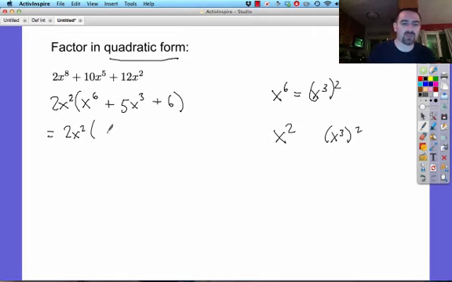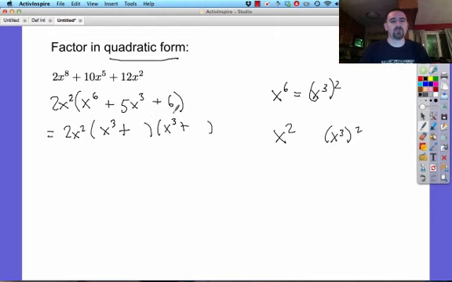Here's what I mean. I'm going to try to factor this not as x and x, but as x cubed and x cubed. Because when I multiply x cubed by x cubed, I'm going to get x to the 6th. Let's see how this works here. If I try to factor this as if this were kind of an x squared and this were an x, well, what are some factors that are going to multiply to 6 and add to 5?